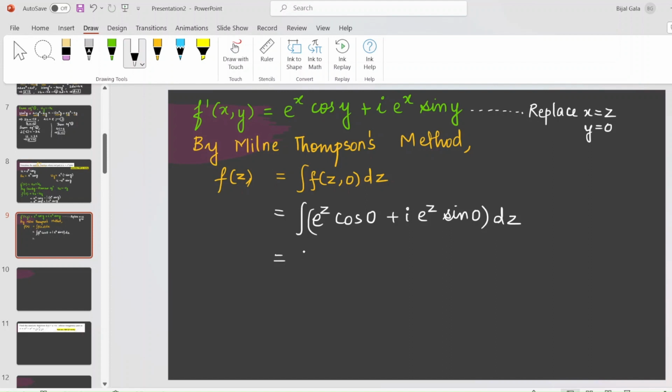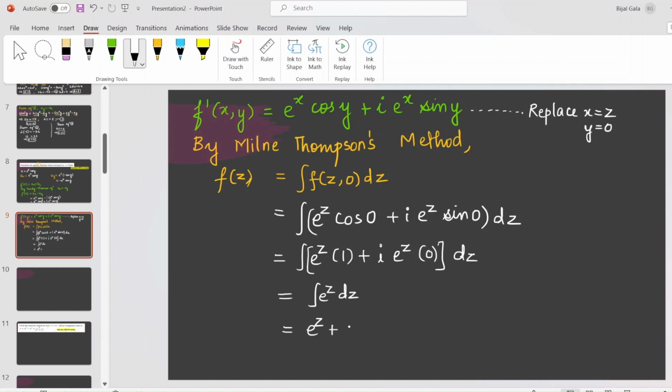Now let's simplify this. This becomes e raised to z, cos 0 is 1, plus i times sin 0, which is 0. So the second term vanishes. We are left with the integration of e raised to z dz, and we know the integral of e raised to z is nothing but e raised to z.